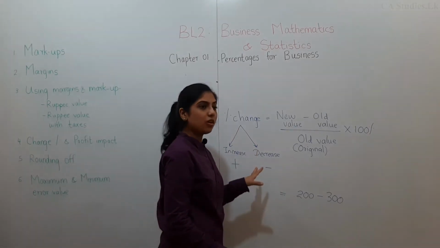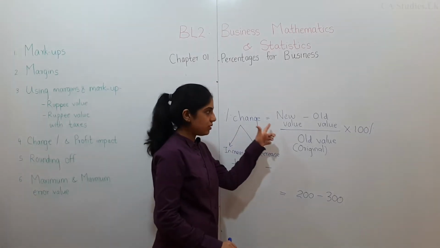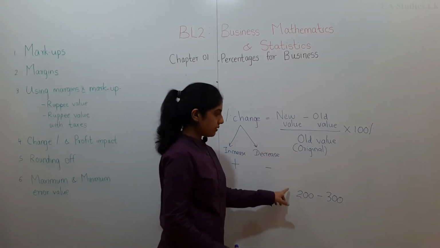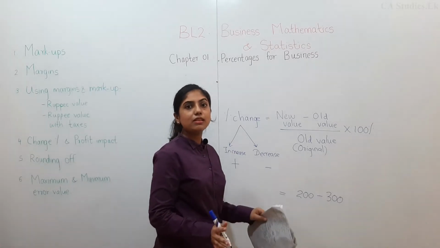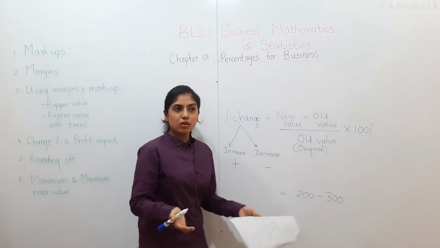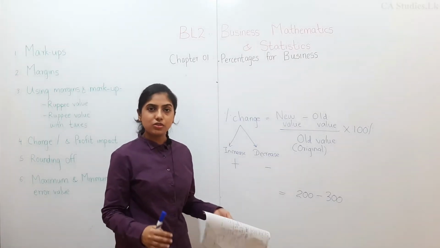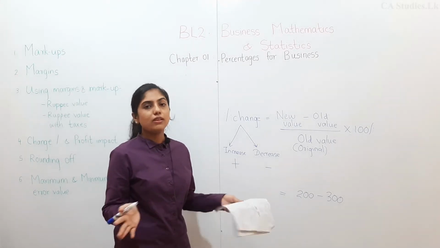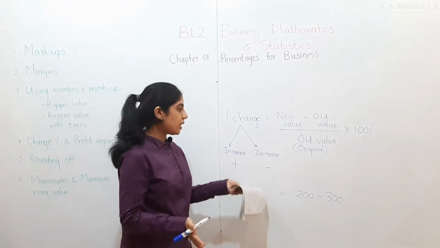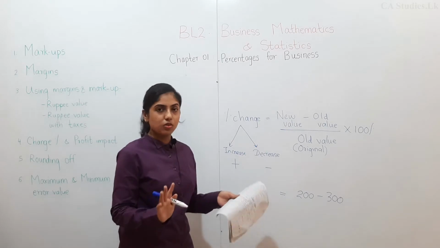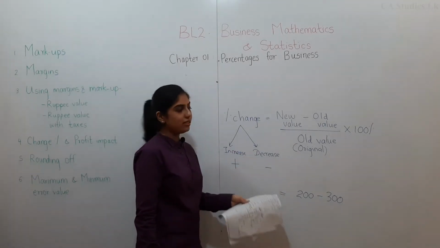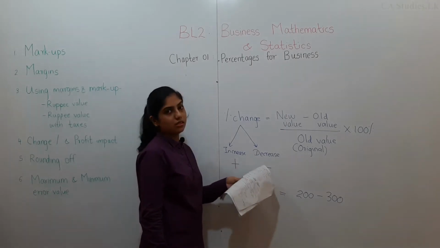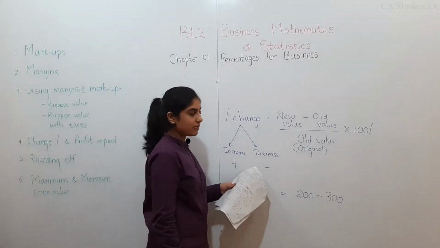But don't always rely on this. That means by looking at the price, or any other cost, if you yourself understand whether it is reduced or increased, then you are in the safe zone. Don't decide with a plus or minus only. But definitely this formula will indicate decreases or increases.